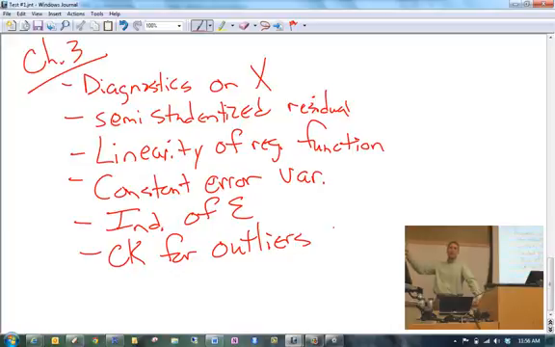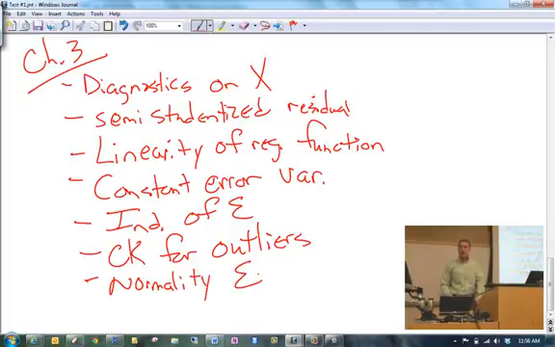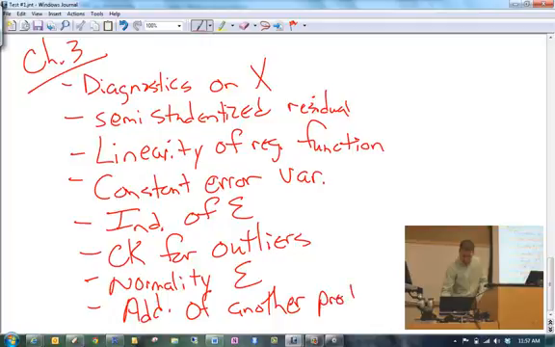If you have one that's, let's say, at 3.1, that doesn't mean that you have to throw out your model, corresponding to our discussion earlier today. Also, normality for the error terms. How can we check that? We have a variety of plots. And lastly, the addition of another predictor variable. How would you make that determination if it was needed?